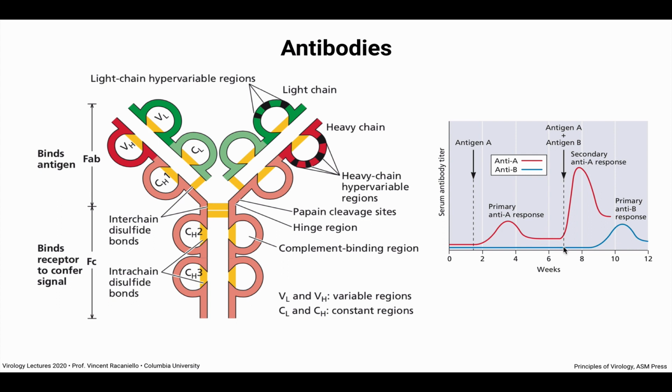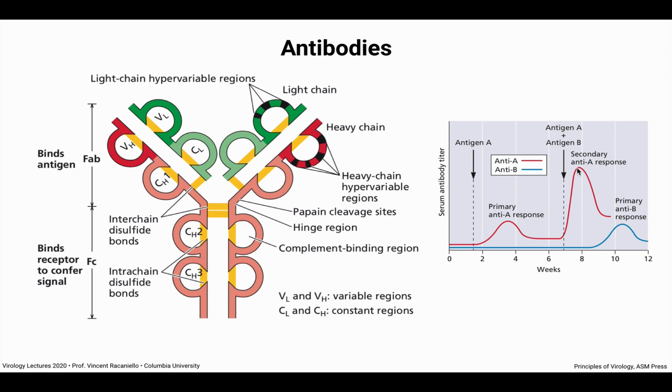If you then wait some time and inject this animal with antigen A again, you will have a quicker and more substantial secondary response. So not only does the response happen in shorter time, but the antibody titer is higher than the primary antibody response, as you can see. And that's because there are memory B cells that remained after the first response that are quickly activated.